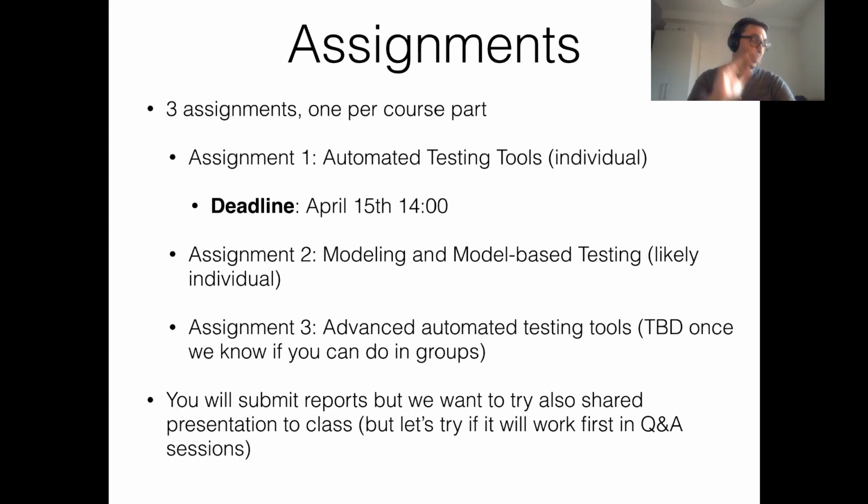This is actually a week or 2 later than what we did in previous years, but given that we have this online remote distance course now, I want to give you a little bit more time to get started, and we'll see. Maybe we'll have to adapt the course a little bit as we go along. But this deadline is set, and more information about the other assignments will come later.